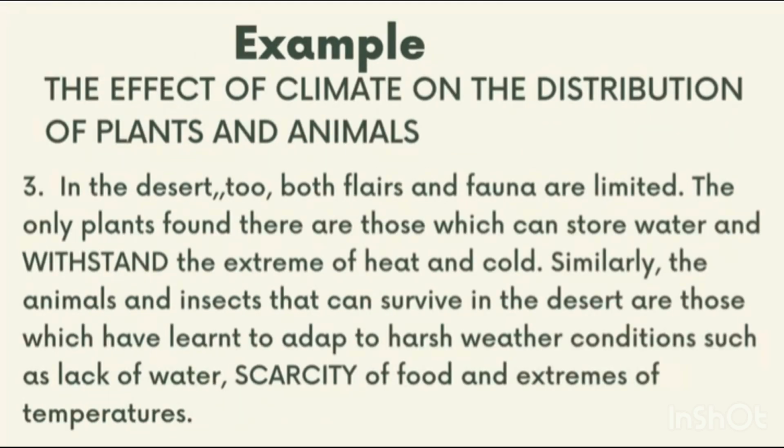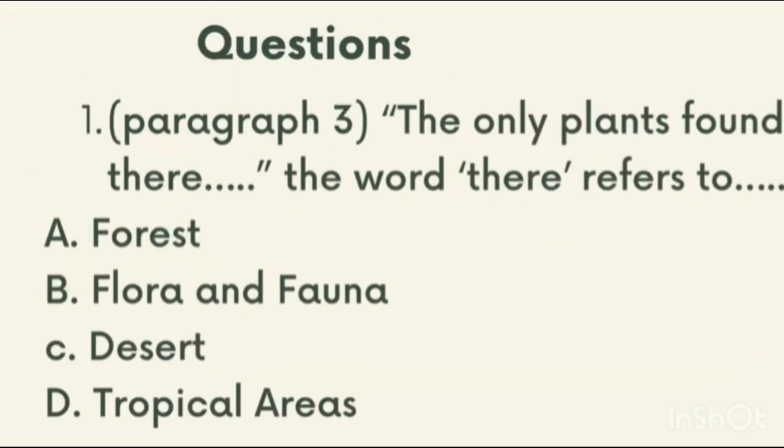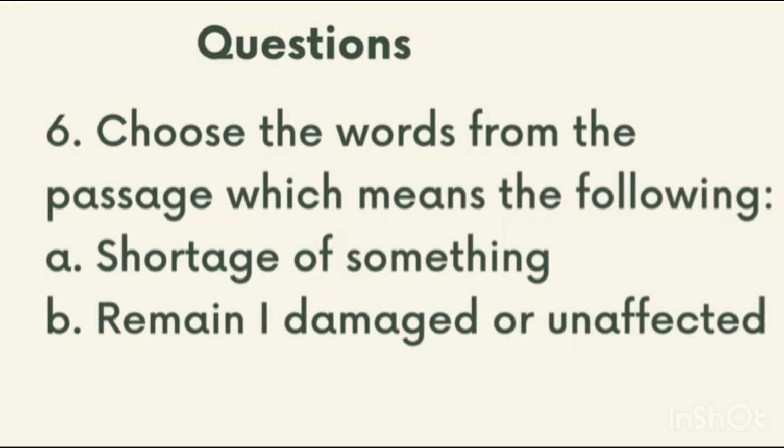So we have withstand and scarcity. If it's in the passage, these words would be underlined. So now check. Choose the words from the passage which mean the following. A, shortage of something. So you find a word from the passage which means shortage of something. B, remain undamaged or unaffected.